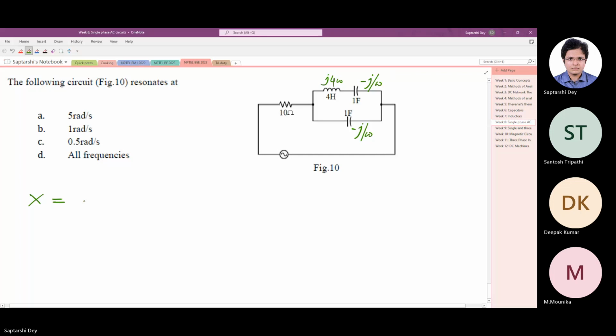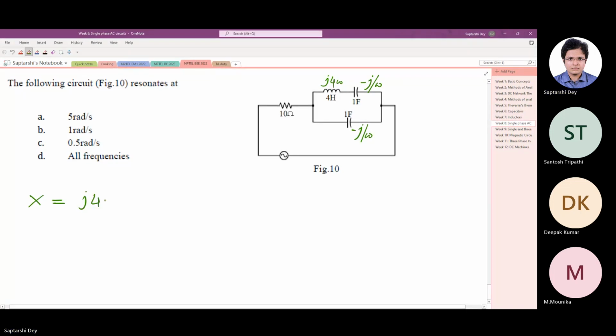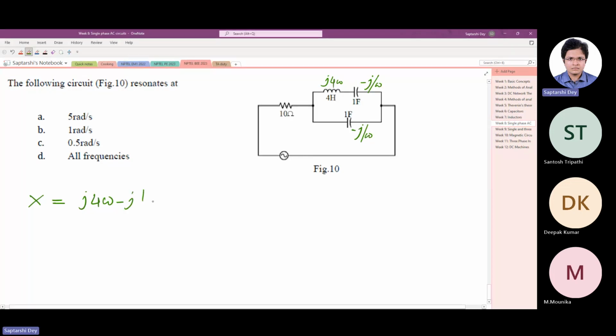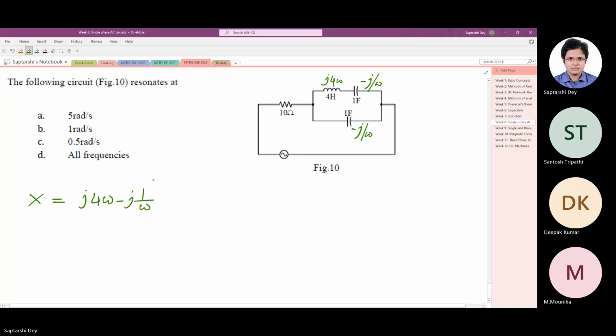It is j4 omega minus j times 1 by omega, parallel to minus j omega.